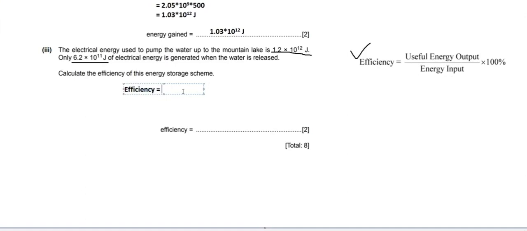The useful energy is 6.2 multiplied by 10 raised to 11, which is given, the energy actually used, divided by the energy input, that is 1.2 multiplied by 10 raised to 12. This is the energy which is provided.